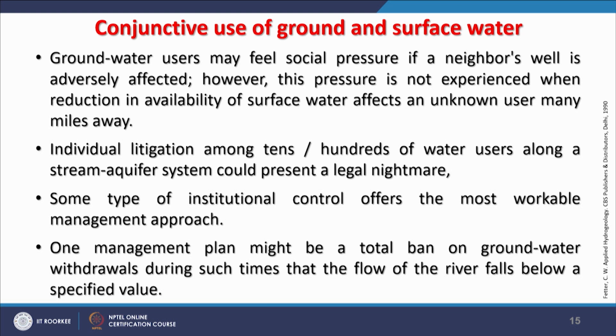The management plan might be a total ban on groundwater withdrawals during such times that the flow of the river falls below a specified value. But writing or discussing here is fine; when it comes to implementation on the ground, these things may not work for long. It requires too much policing.